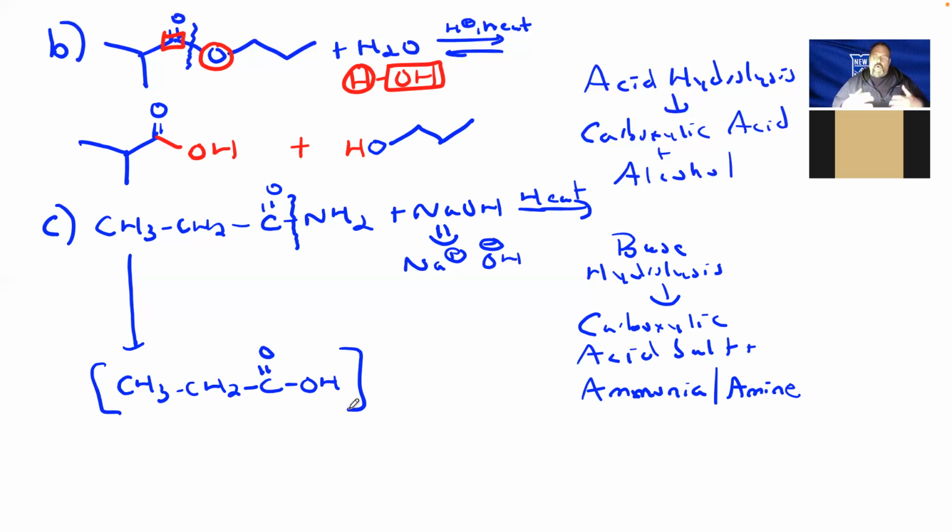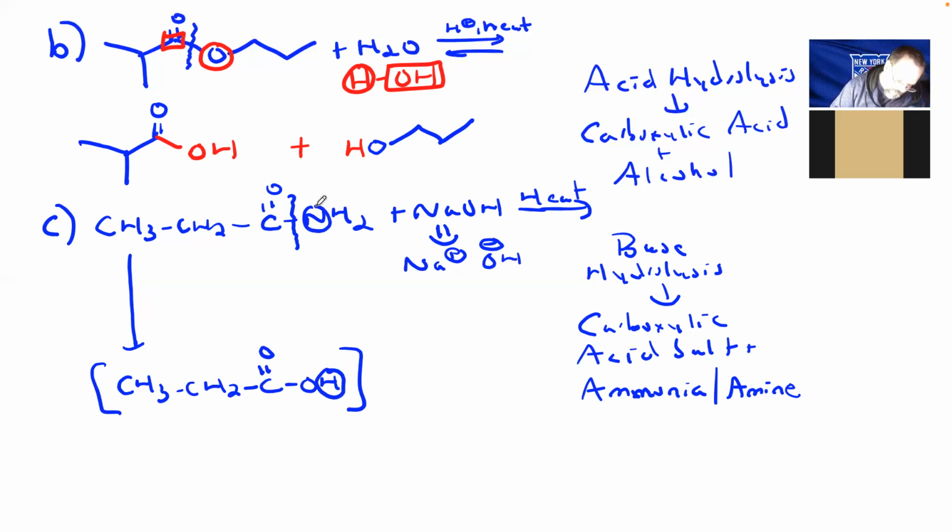Now again, why isn't the carboxylic acid one of the final products here? The reason is because we're under basic conditions. As we talked about earlier, and we'll mention again here, what part of a carboxylic acid is lost under basic conditions? It's the hydrogen of the carboxylic acid.